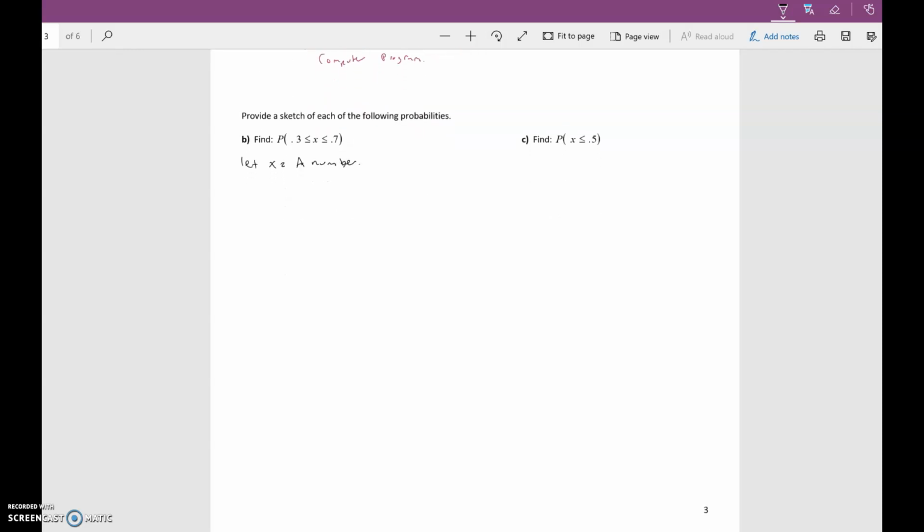For this distribution, let me just say that the values of p of x, with x less than or equal to 0.7 and greater than or equal to 0.3.